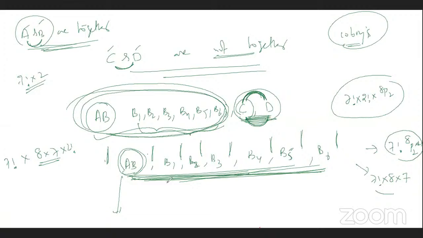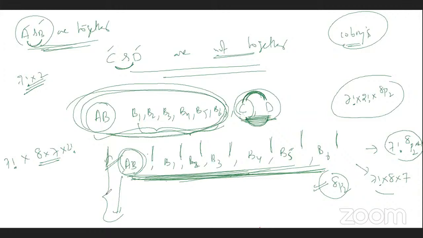So in this arrangement, I can fill the C and D in the 8 gaps. In how many ways can I do it? 8P2. So each case of 7 factorial into 2, further I can arrange CD in 8P2. So how many such cases are we having? 7 factorial into 2 into 8P2.